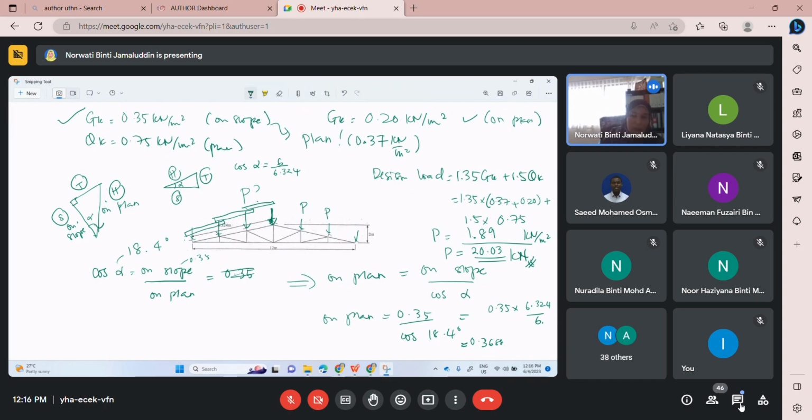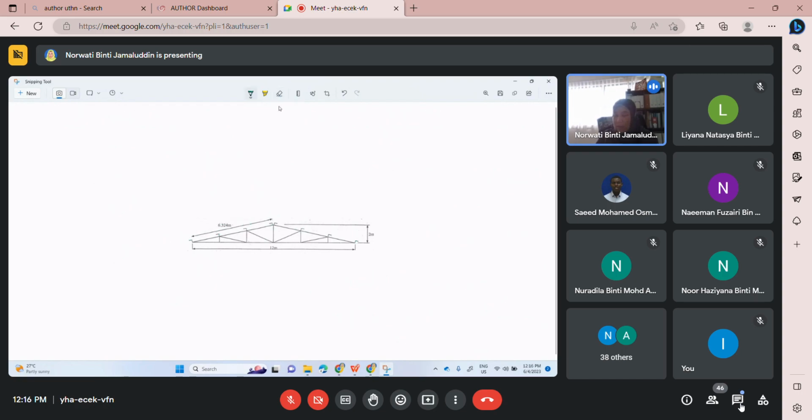Okay, now you have the value. Just consider the point load as 20 kilonewton. Then this one should be 10.